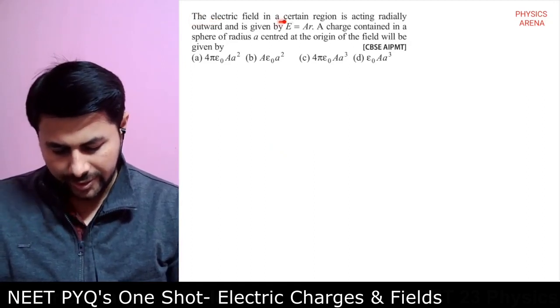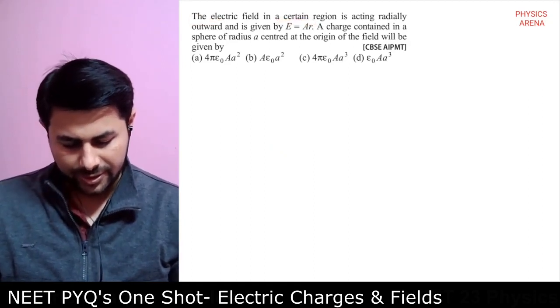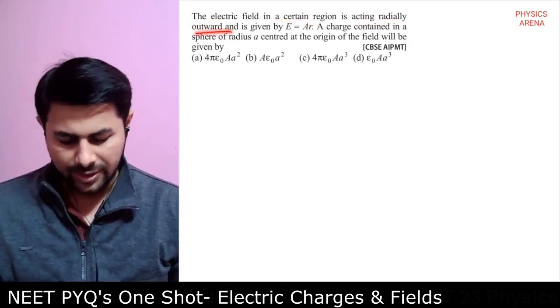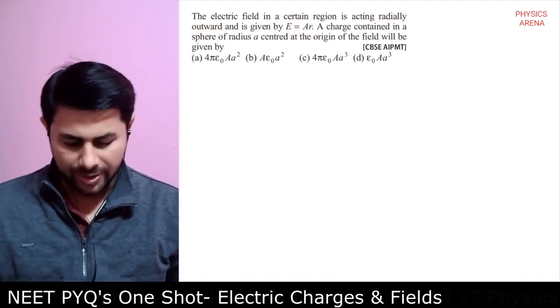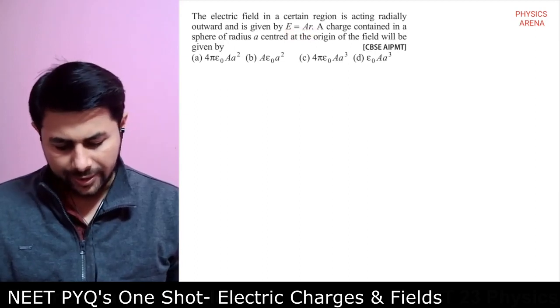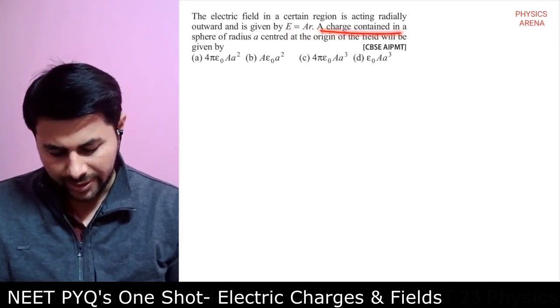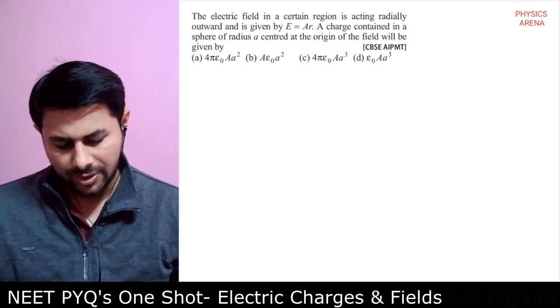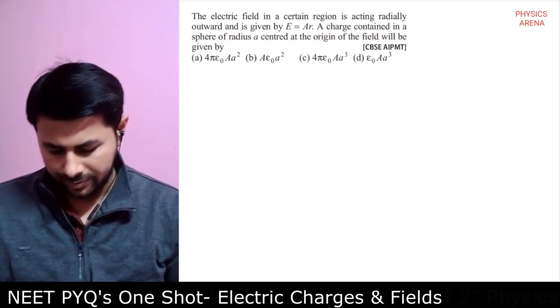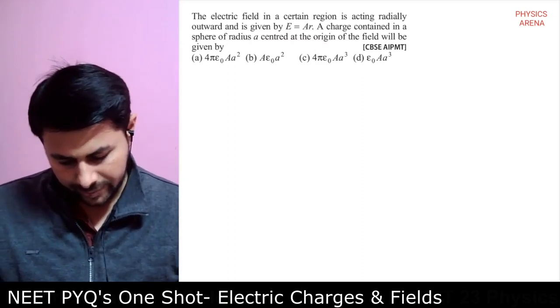The electric field in a certain region is acting radially outwards and is given by E equals A r. A charge contained in a sphere of radius a centered at the origin of the field will be given by.